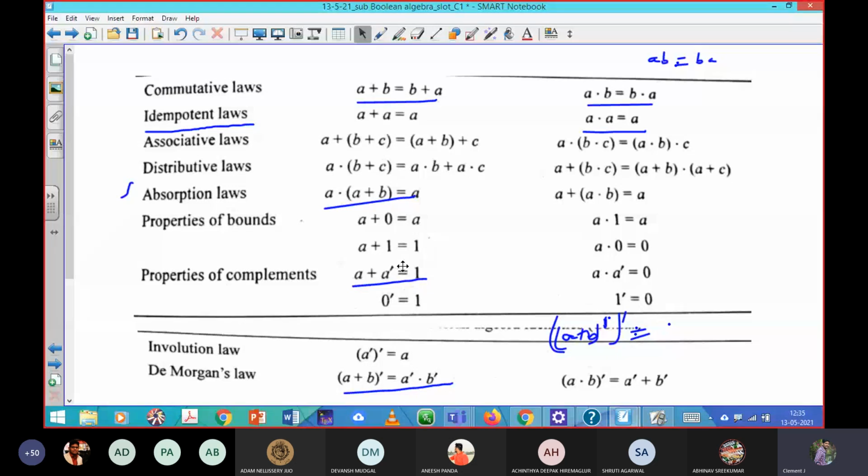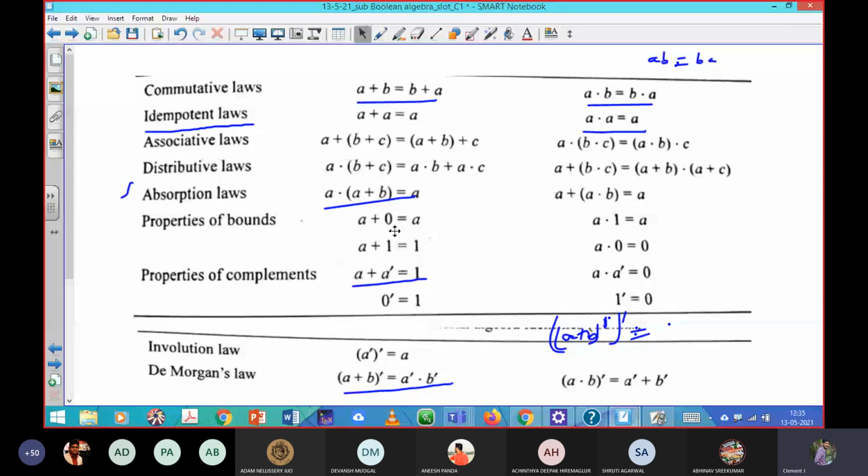That means GLB LUB concept only. A plus 0 means A, A plus 1 means 1. A dot 1 means A, A dot 0 equal to 0. You should keep in mind. Okay. So by using this logic, you can directly say the answer 1.